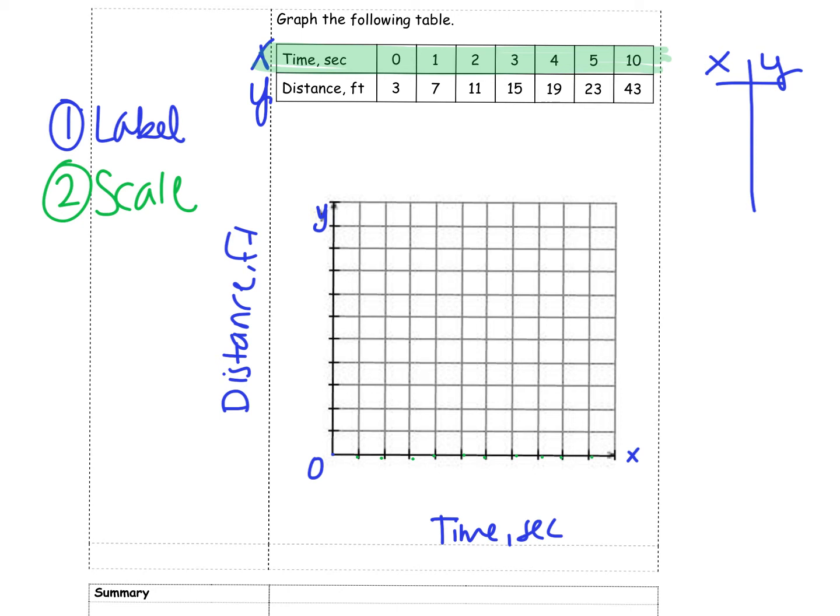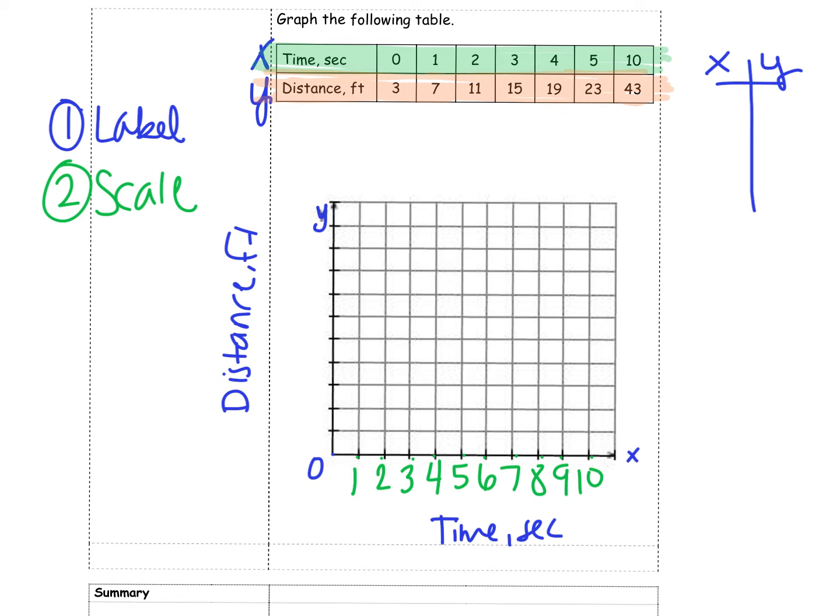I have plenty of lines. I'm going to just count by ones. I always check first before I write so I don't have to erase. 9, 10. Perfect. Now let's look at my y-axis. This one's not going to be as easy because I see the biggest number is 43.